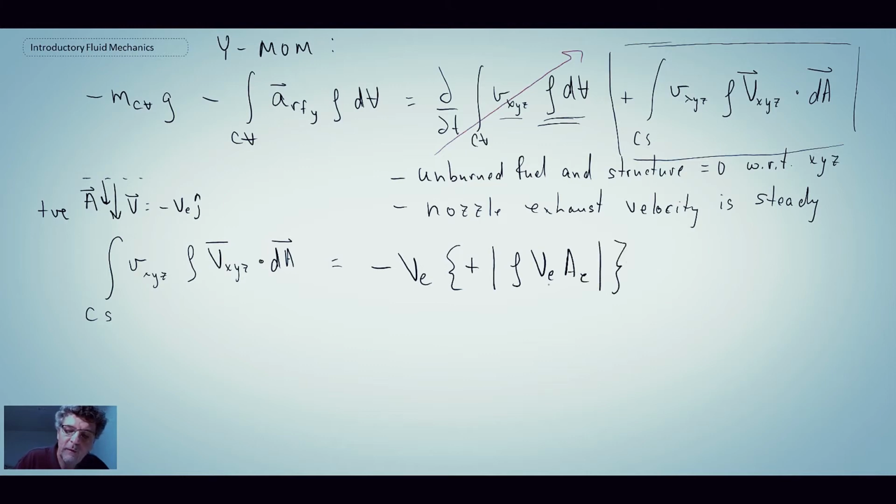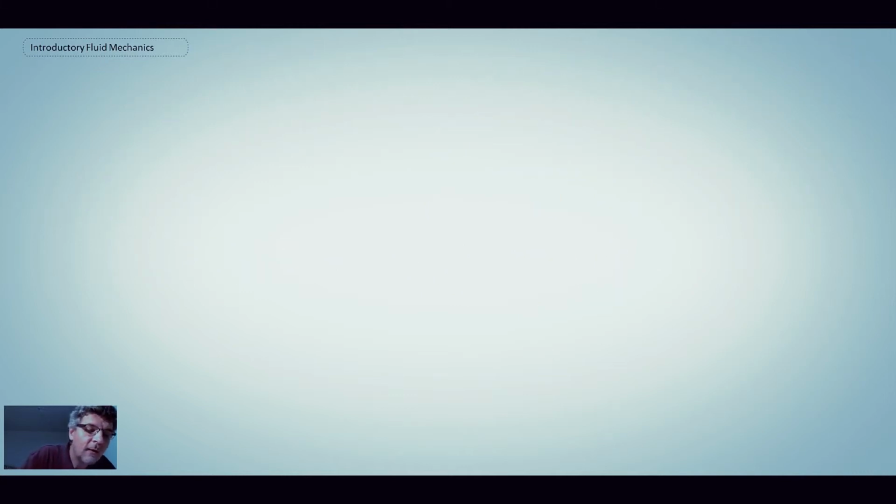And so rho VE area exit, that is nothing more than just the mass flow rate exiting. So m dot E, which we expressed earlier from continuity. So what we can do, we can take this and plug it back up into our equation for the y momentum equation.